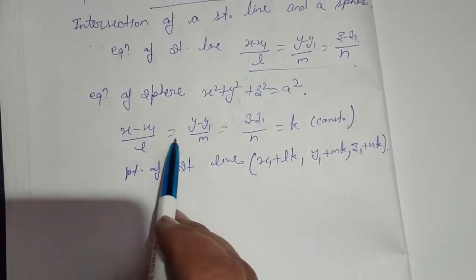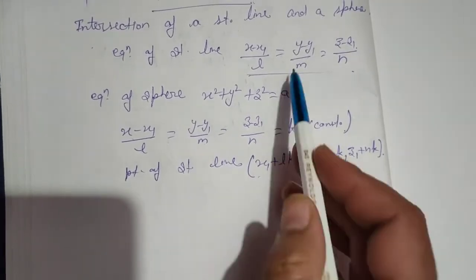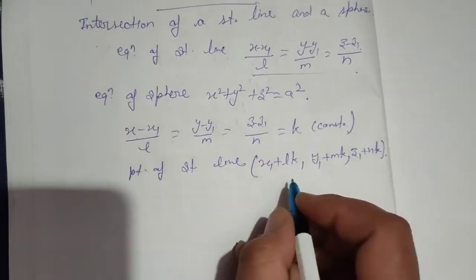When this straight line cuts the sphere, this is the point of intersection of the straight line and sphere.